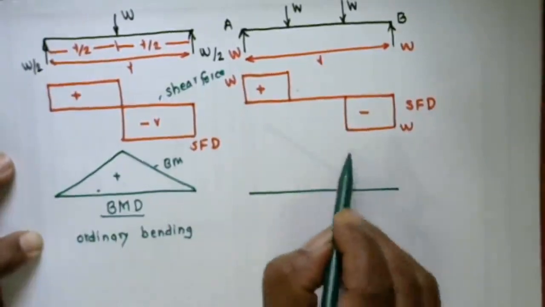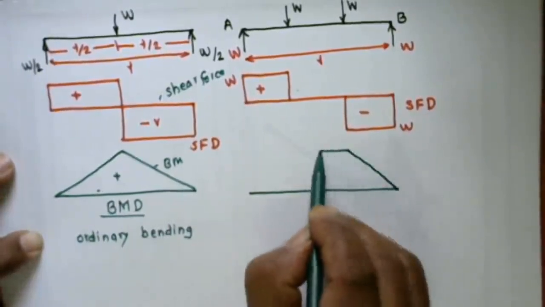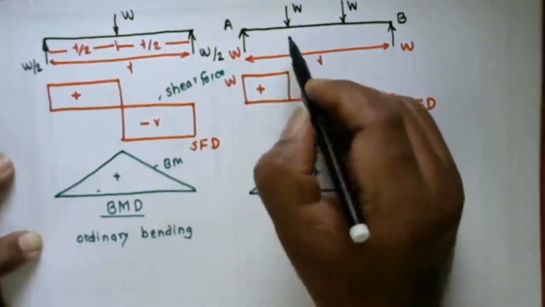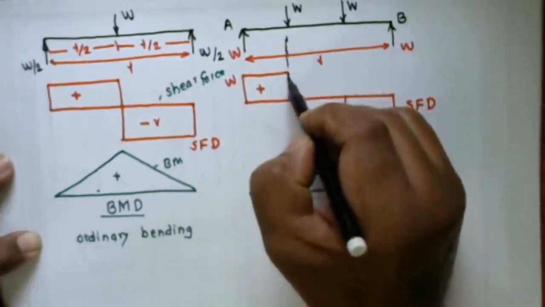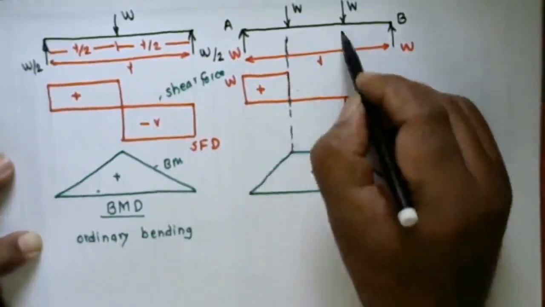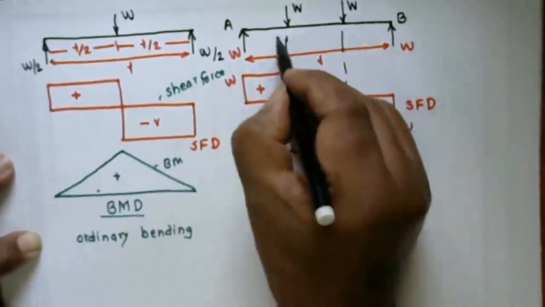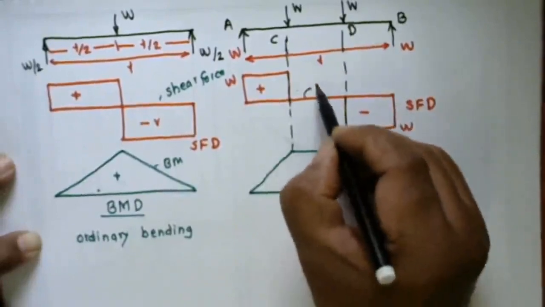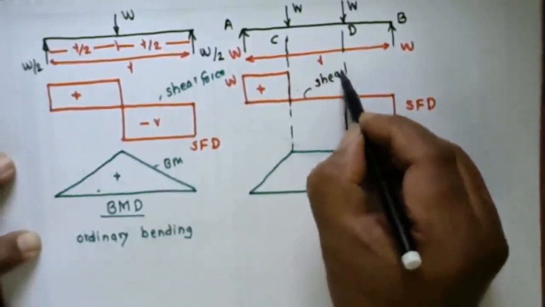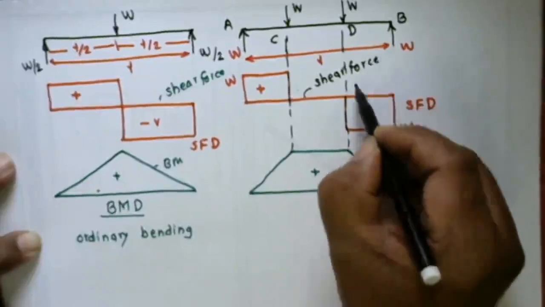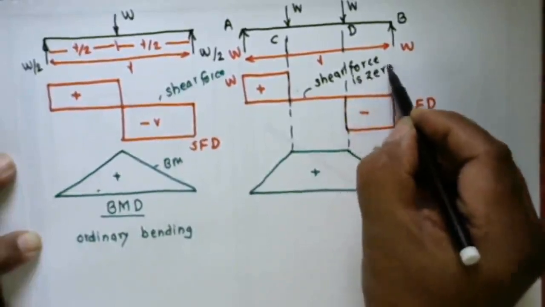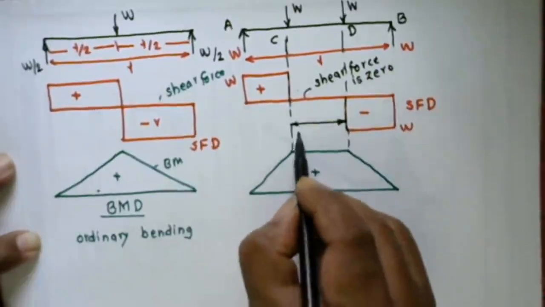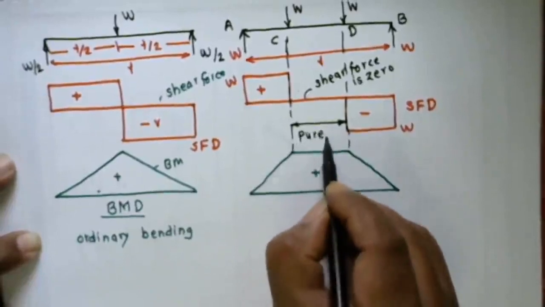And for the bending moment diagram, if we observe these sections, between these two points, say C and D, between the span C and D, there is zero shear force. When the shear force is zero, at that time that bending is known as pure bending.